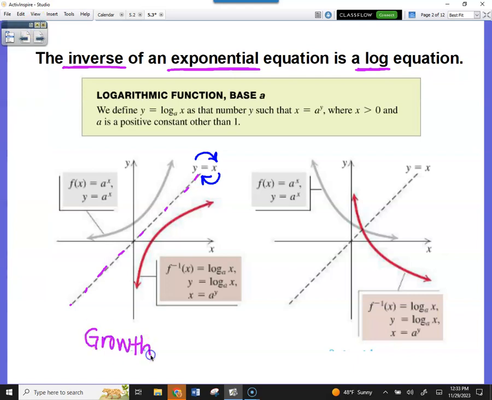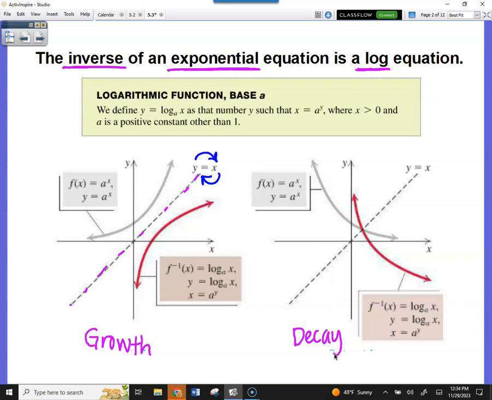And then the red graph is its inverse, the way it looks when they're on the same coordinate plane. What does the actual function look like? It would be this log right here. This graph to the right, the gray graph, is decay. And the red graph is the inverse. We've got growth, we've got decay.